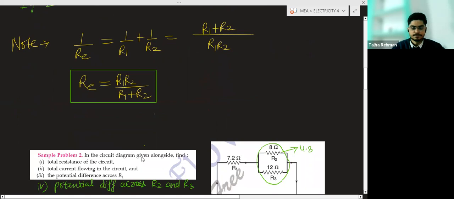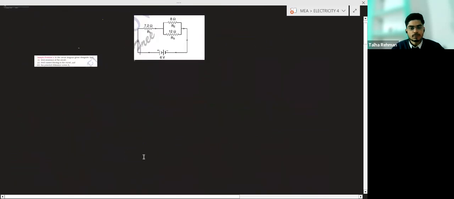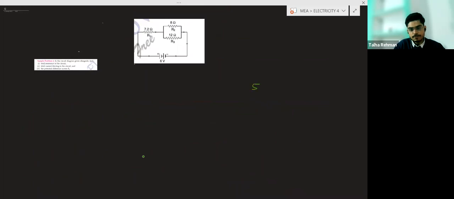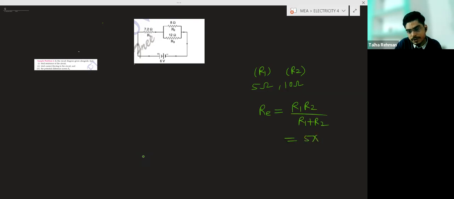For example, if I am saying 5 ohm and 10 ohm are connected in parallel, find the equivalent resistance. So what will you do? Suppose this is R1 and this is R2. You will do R1 R2 divided by R1 plus R2. So 5 into 10 divided by 5 plus 10. It will be 50 divided by 15.